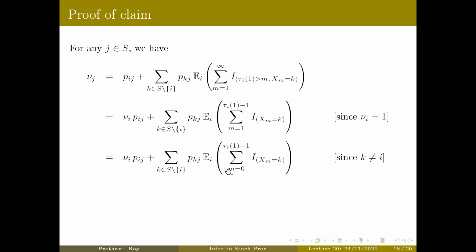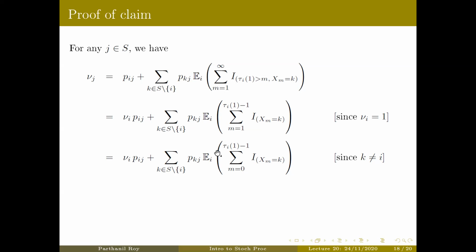By adding this extra term, the indicator of x_0 equals k, we are just adding a 0. Because the Markov chain is starting from i, x_0 is i, and the indicator of x_0 equals k is actually 0 because k is not equal to i. So this quantity and this quantity are the same. The expectations are the same.